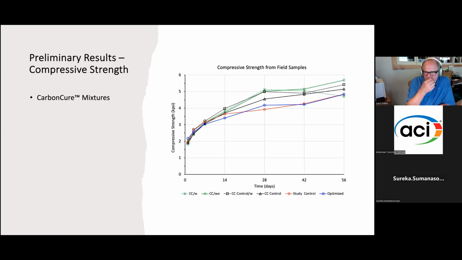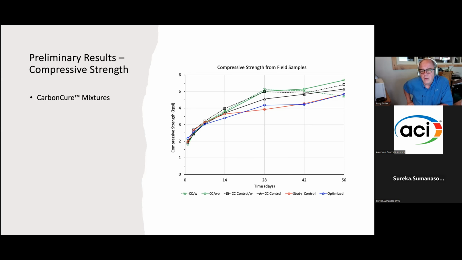We put the carbon cure mixes on the same plot, so they're in green. Again, CC/W means carbon cure mix with the carbon cure additive. /W0 means the carbon cure mix without the additive. And the black line, CC control/W, is the control mix with the carbon cure. I'm sorry, that's the control mix with the carbon cure added.